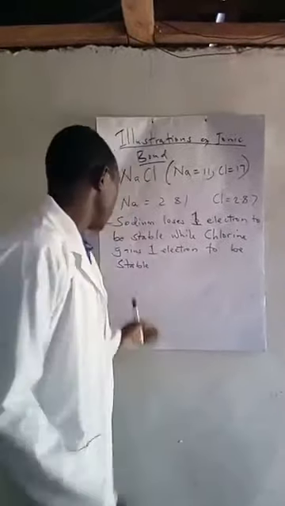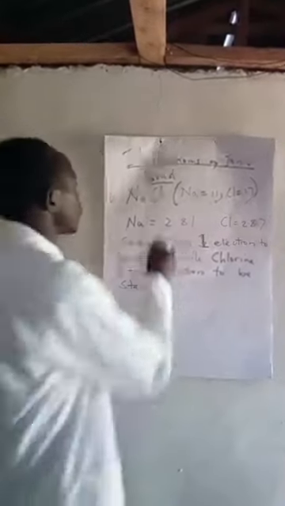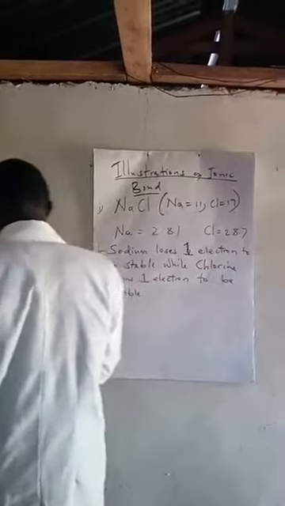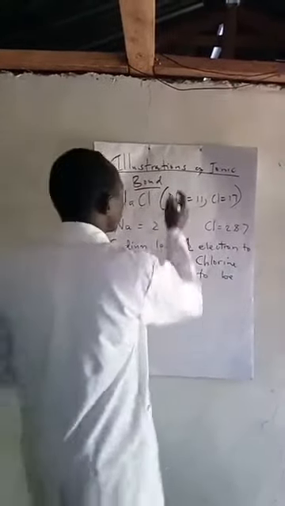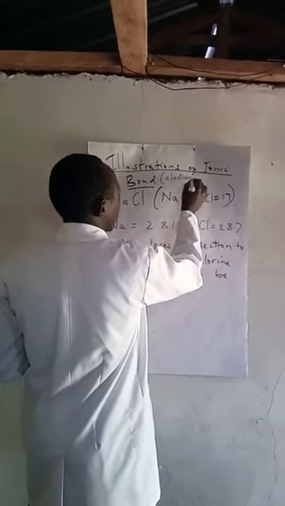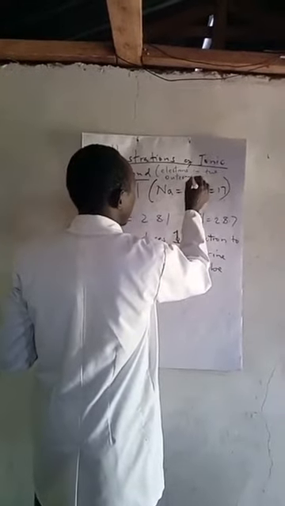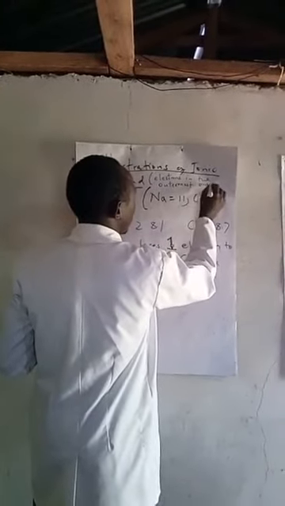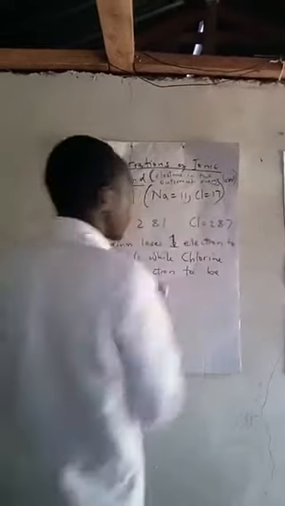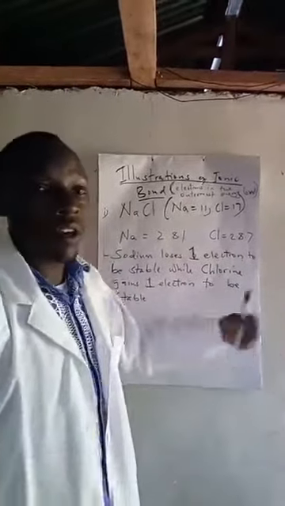When we are doing illustration, we will only use the electrons in the outermost energy level, which are either lost or gained.